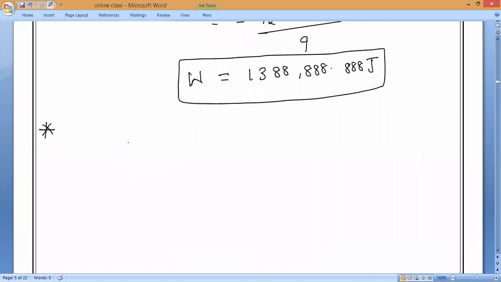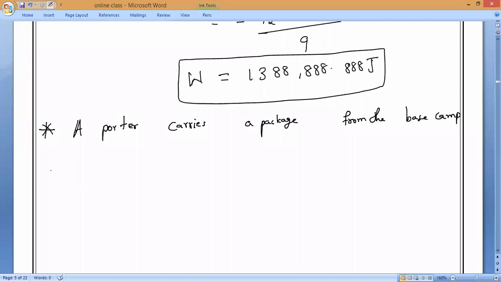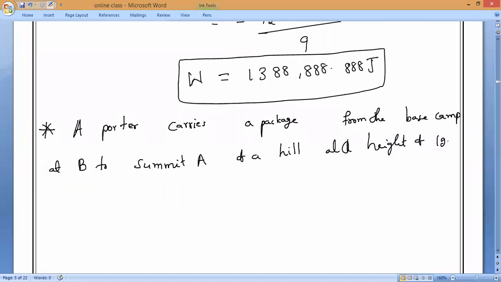A porter carries a package from the base camp at B to the summit A of a hill at a height of 1,200 meters.